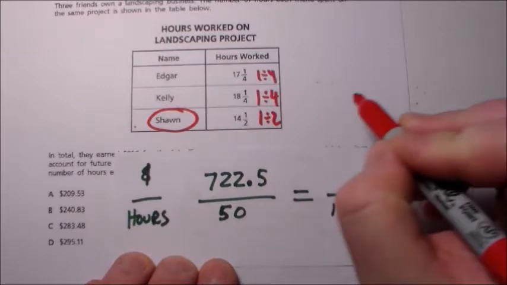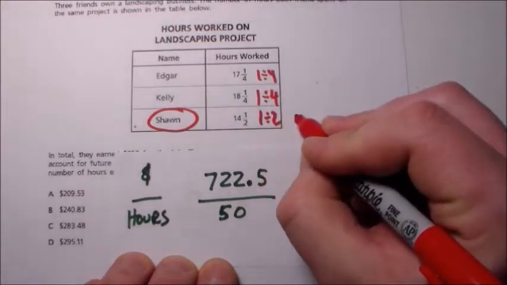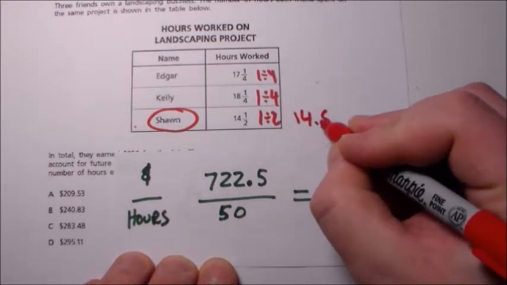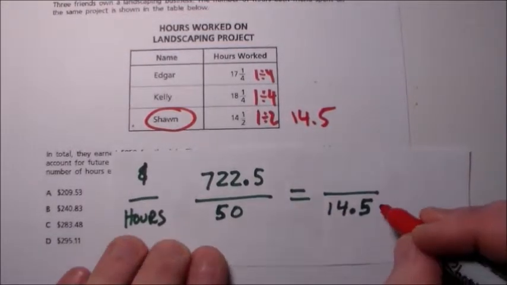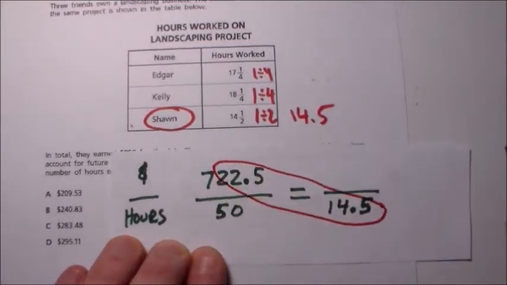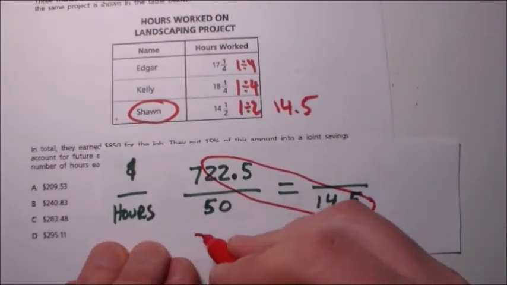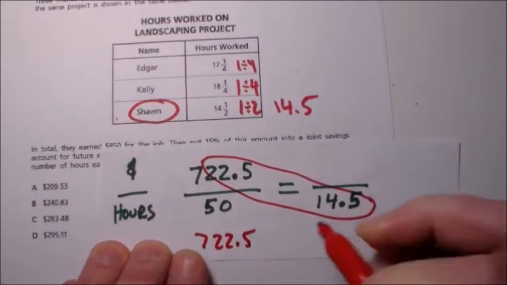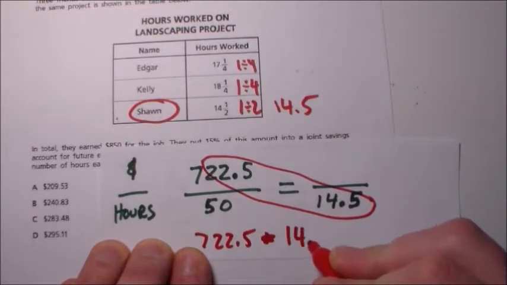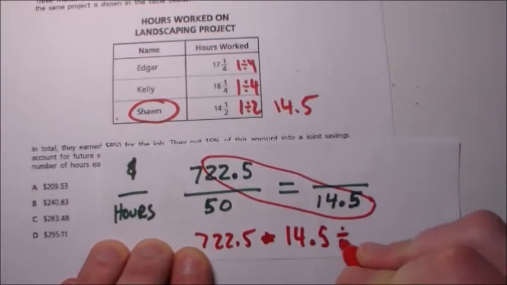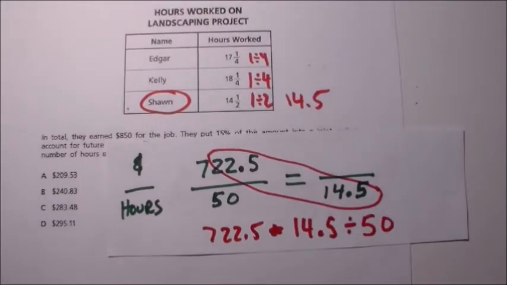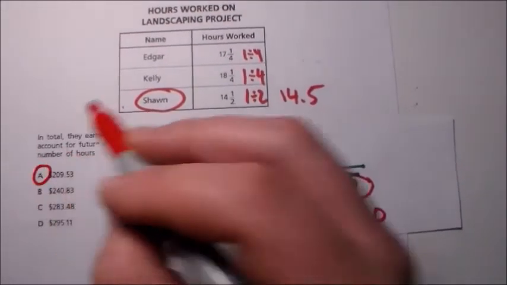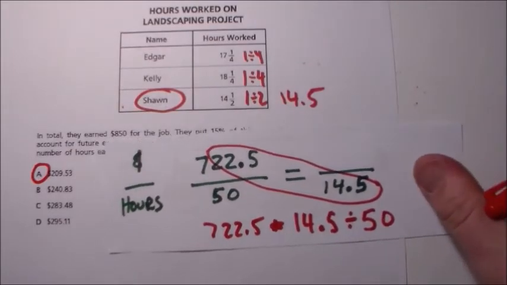Sean worked 14.5 hours. So we do the math: 722.5 times 14.5, divided by 50. Plug that into our calculator, and we find that the answer is A. And we're good.